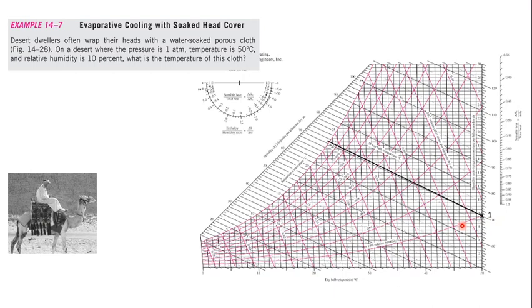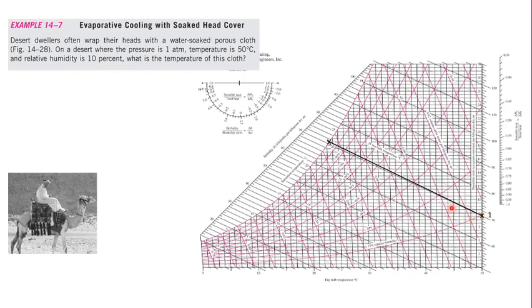Then after the air is passed through the soaked head, we know that the air after the wet cloth is going to be at the wet bulb temperature. So this is the process that happens.